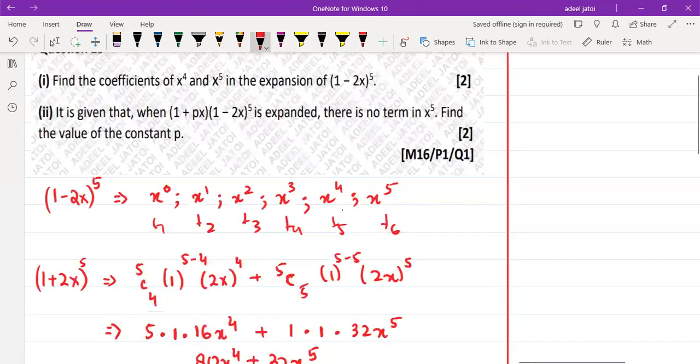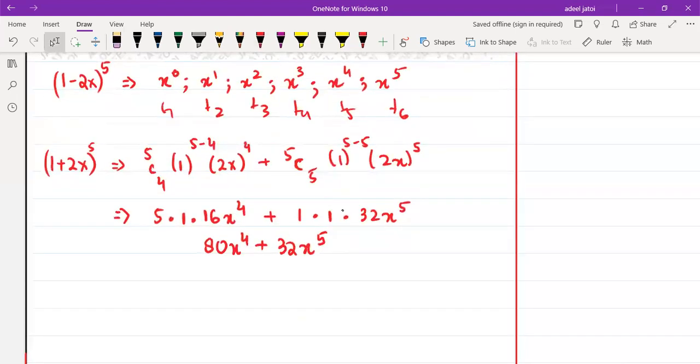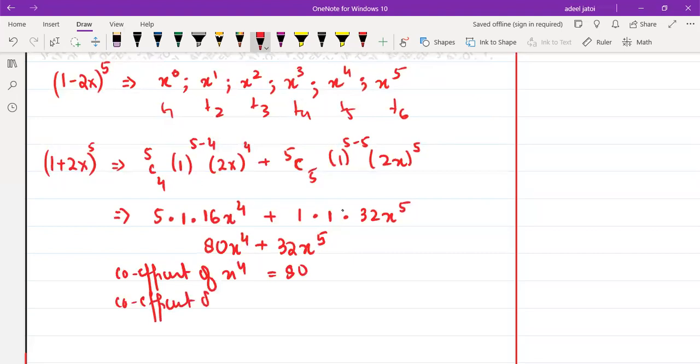Since the question says find the coefficient of x to the power 4, the coefficient of x to the power 4 is equal to 80, whereas the coefficient of x to the power 5 is equal to 32.